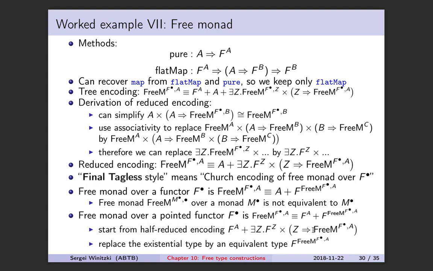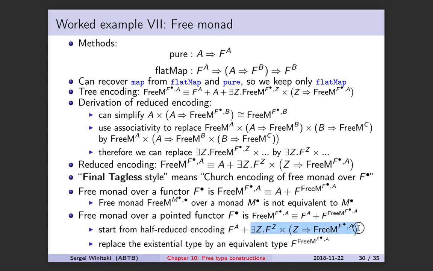So we don't have a pure method for free. We have a pure method for FA itself, but not for free. We have eliminated that. So we cannot encode a FA here. We cannot save us this part of the disjunction. Therefore, this is the reduced encoding.